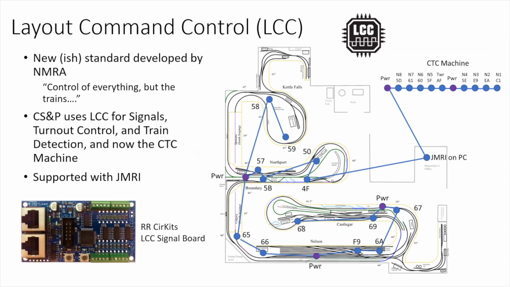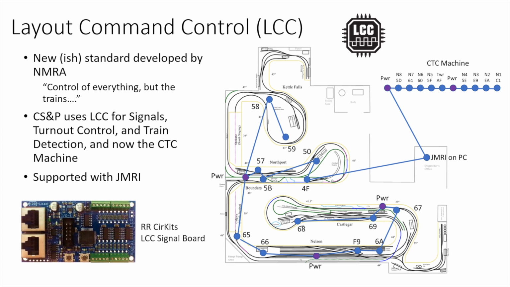Now, we don't have time to go into depth on LCC or layout command control, but as a quick overview, LCC is a fairly new standard developed by the NMRA. I think it's about 5 or 6 years old now, and it was really developed for control of everything but the trains. So it doesn't replace your DCC network to control your trains, but instead it can be used for everything else you might want to have on your layout.